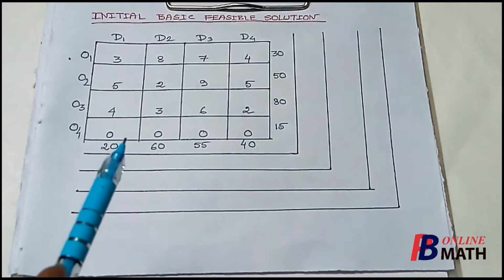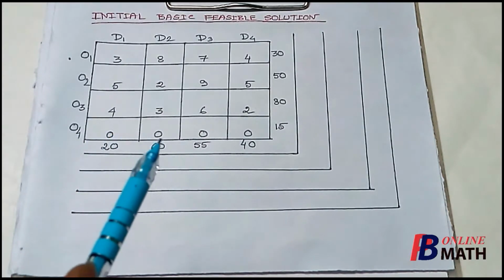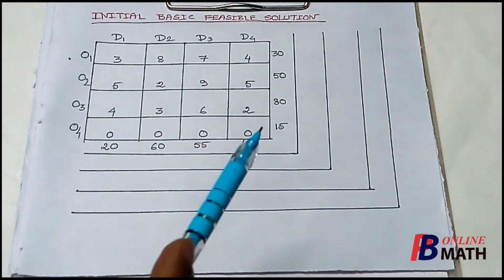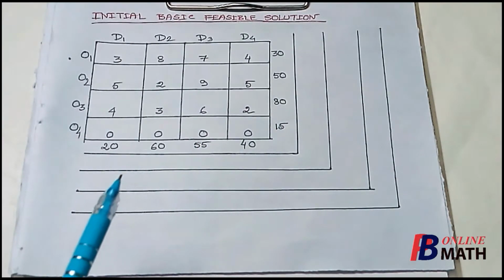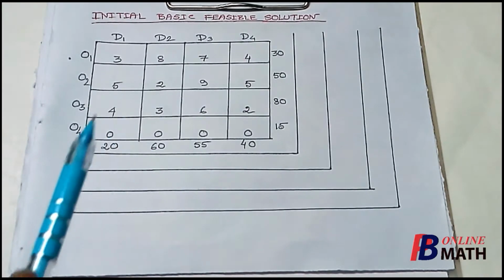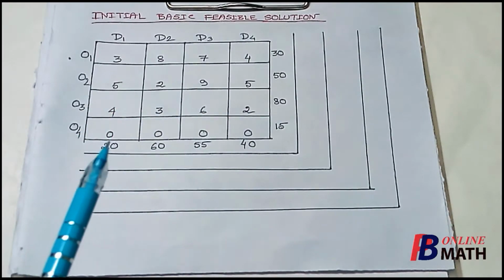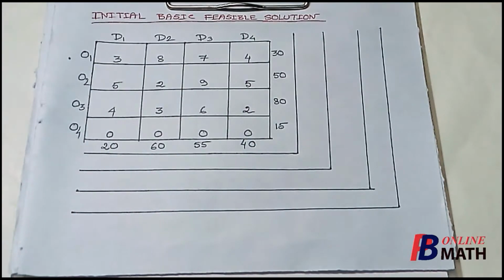We have only assumed that this is a fake origin just to maintain the balance between the capacity and demand. So we have assumed that the cost of transportation from this origin to any destination is 0. At the final solution, we shall not consider this origin O4.